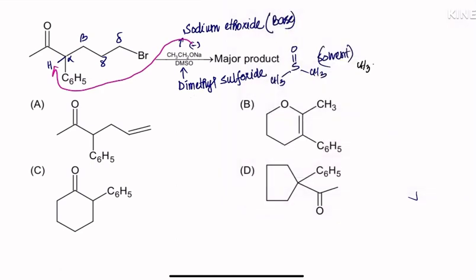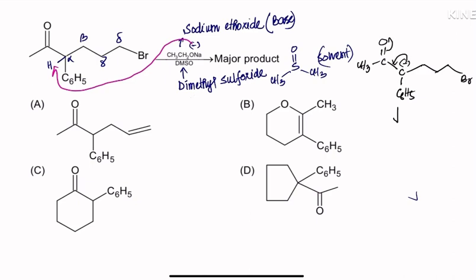CH3, C double bond O, C negative, C6H5, and Br. Now see what will happen in this case. This is the carbanion, and there is a next C double bond O group. So what will it form?